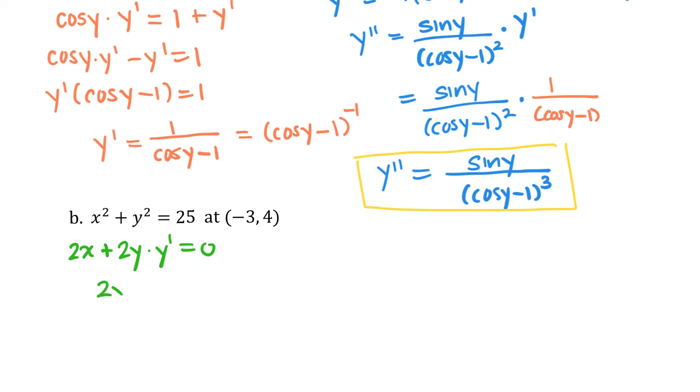Okay, let's solve this. 2y times y prime equals negative 2x. Y prime equals negative 2x over 2y. So y prime equals negative x over y.